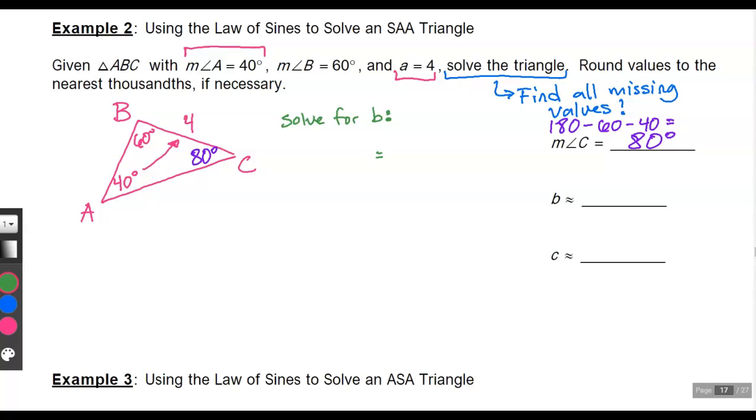Yes, you need to use sine of 60 because it's across from side length B. What else do you have to use? a, because 4 is the only side length they give you. You have to use 4. Therefore, you have to use the angle across from it, which is 40.